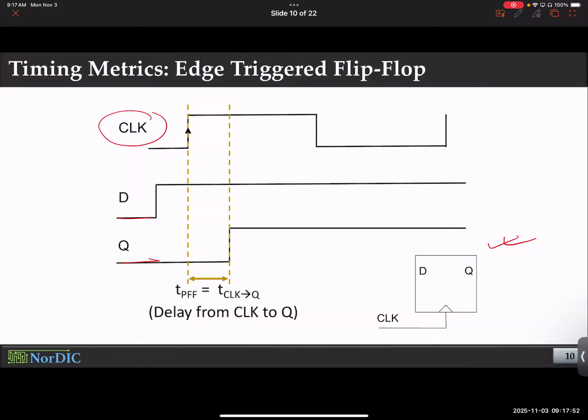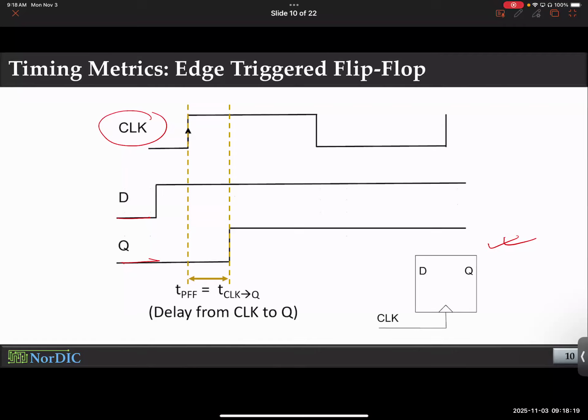A D flip-flop sends the data to the output at the positive or negative edge of the clock. I hope by now we are all on the same page, right? Okay, without any loss of generality, I'm gonna take the positive edge every time moving forward. But if you have a question, why positive edge? No reason. I could just take the negative edge as well. But you have to take one of the edges, either positive or negative.